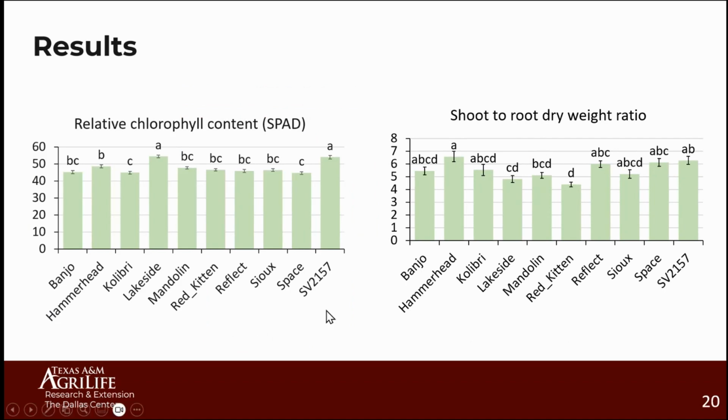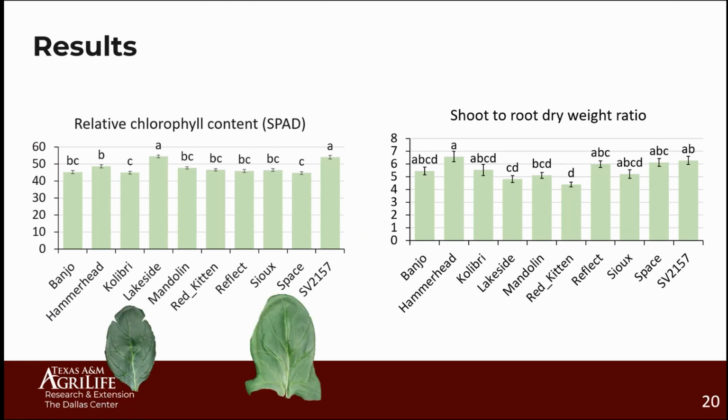We also tested the relative chlorophyll content. It can also reflect the greenish color of the leaves. For example, the lakeside has a very high SPAD, and the other cultivar has a low SPAD. You can tell the color difference between these two spinach leaves.